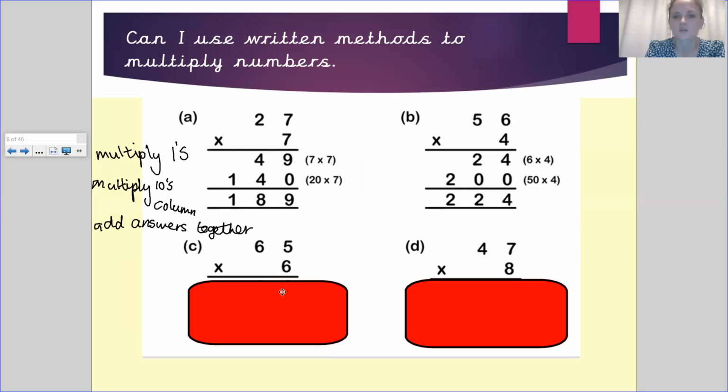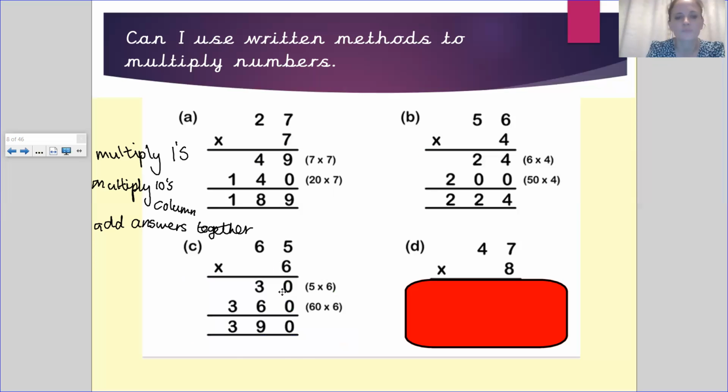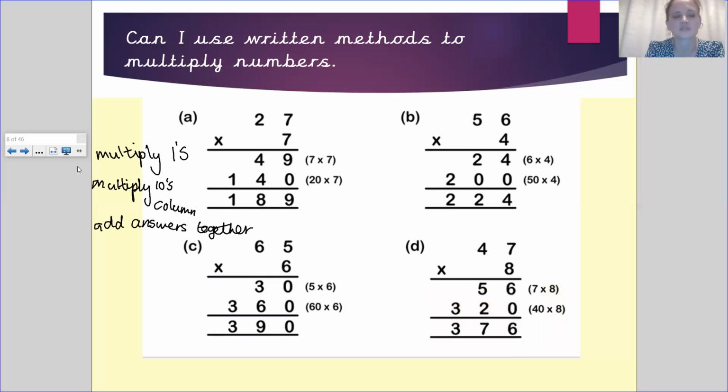You should have got 224, 390, and 376, making sure to use your steps to success of multiply your ones, multiply your tens column, add the answers together, and then you would have had a final answer.